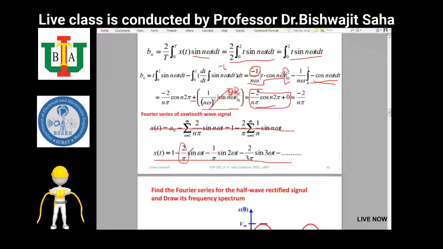How 1 by pi? Because it is coming to 2 pi, so it is coming 1 by pi. Then B3, minus 2 by 3 pi sine, and so on, after the nth order harmonics. Do you understand?